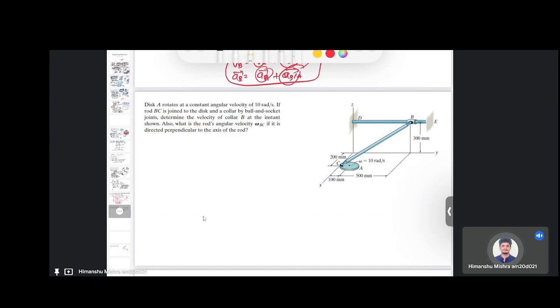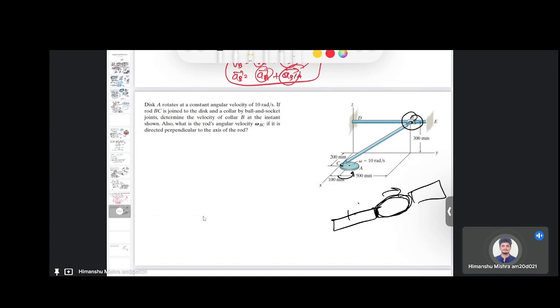You can see this disk is rotating with some angular velocity 10, and it is creating the motion at point B. Just recall that we have solved plenty of this kind of problem in the previous classes, where we are given a system with different types of connecting members, and if there is motion at one member, it leads to motion of another member.